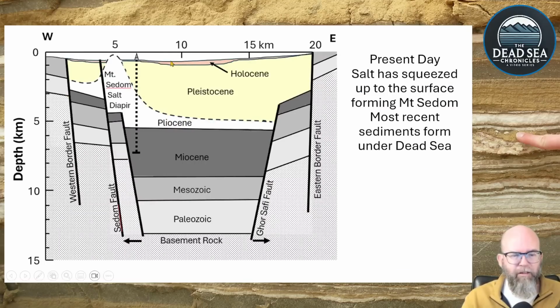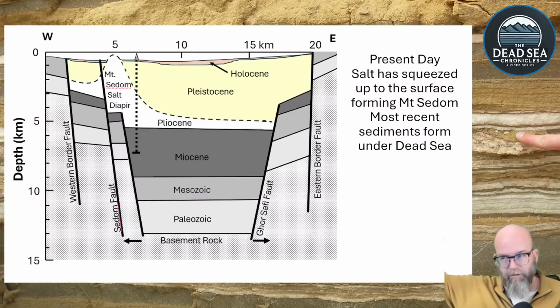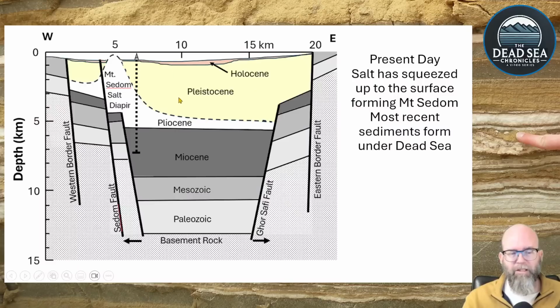And where is the Dead Sea? The Dead Sea would just be a little blip right here at 1,400 feet below sea level. The point here is that although it seems very dramatic, the valley being 1,400 feet below sea level, and then the mountains or this plateau sticking up another couple thousand feet above it, as we saw in the previous episode, there is far more material below the Dead Sea, below the whole Jordan Valley.